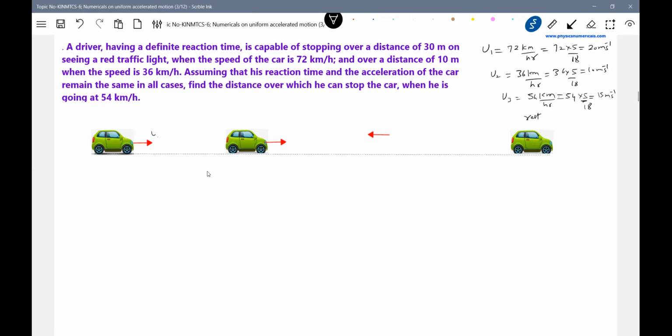This was the initial speed of the car, U1. So it will cover a distance of how much? X1. X1 dash, it will cover here.